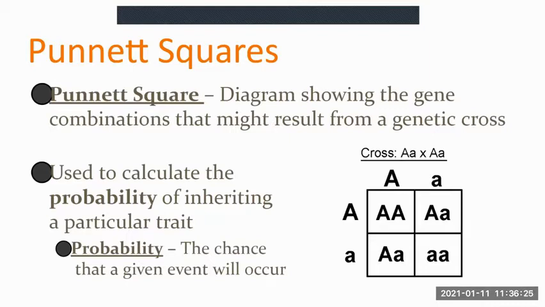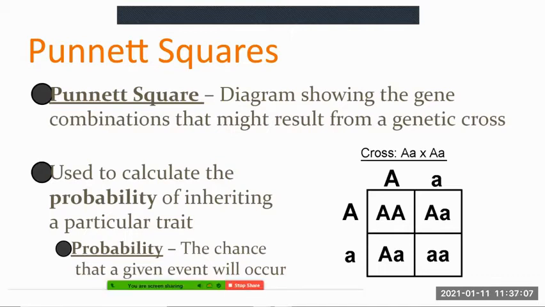For example, if you flip a quarter, you have heads and you have tails. You have a 50% chance of getting heads and a 50% chance of getting tails. Always. That is the probability. That is your chance that you might get one side. That's what we're going to look at. But in terms of what's the probability of me passing on diabetes to my child? This is what a Punnett square looks like.